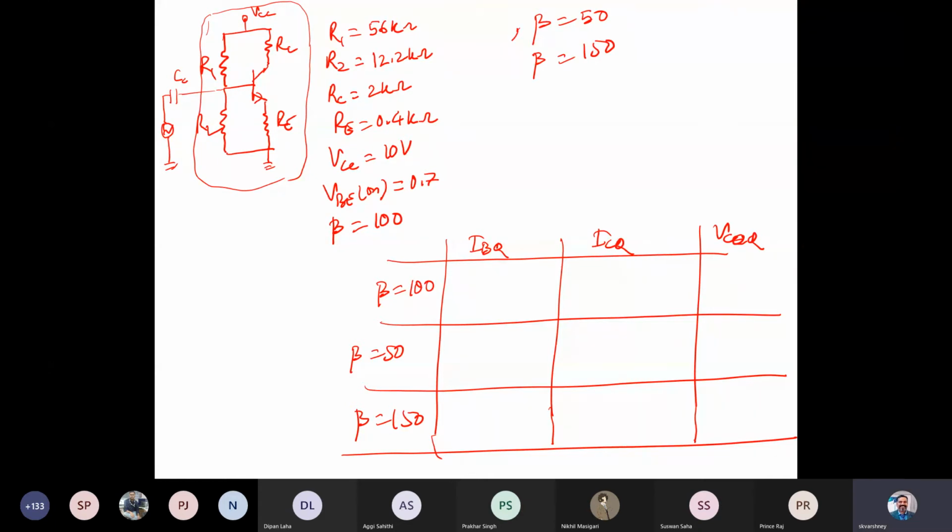Okay, good. Aritra, yes, sir. Ashwin, not there.